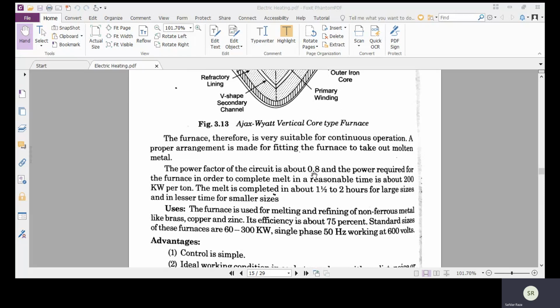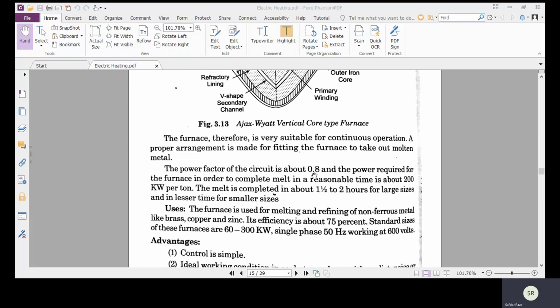In simple core type induction furnace, the power factor is low because of the reactances and other loose connections, and the power required for the furnace in order to complete melt in a reasonable time is about 200 kW per ton. The melt is completed in about 1.5 to 2 hours for large sizes and in lesser time for smaller sizes.